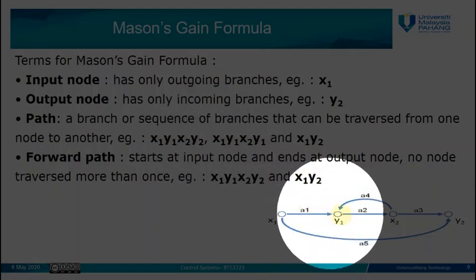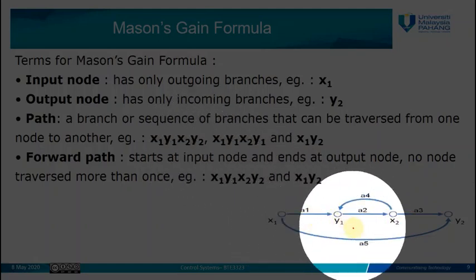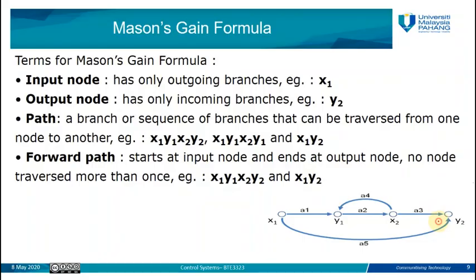Then we have another path, which is X1, Y1, X2, and again into Y1. Then we have another path, which is X1 to Y2, so we go from the node X1 directly to the node Y2. So this is the path.